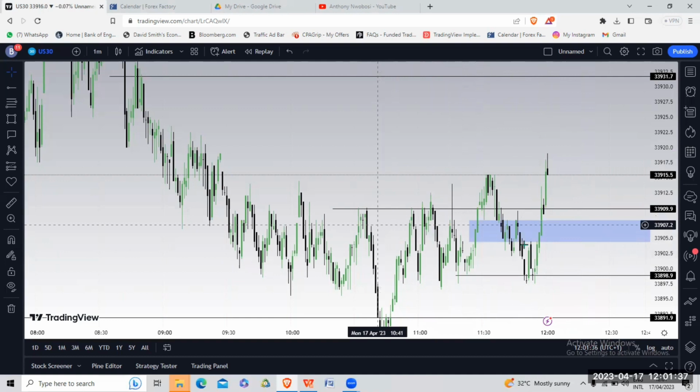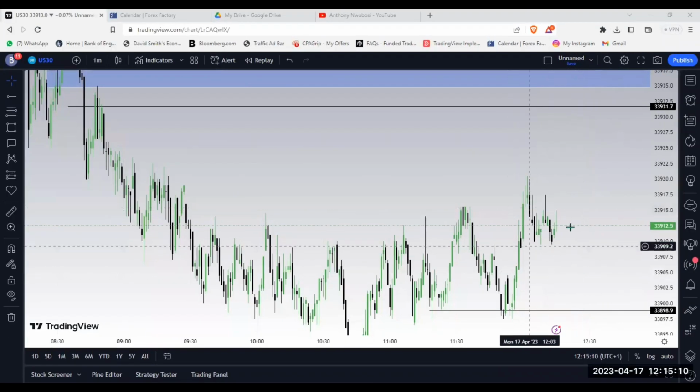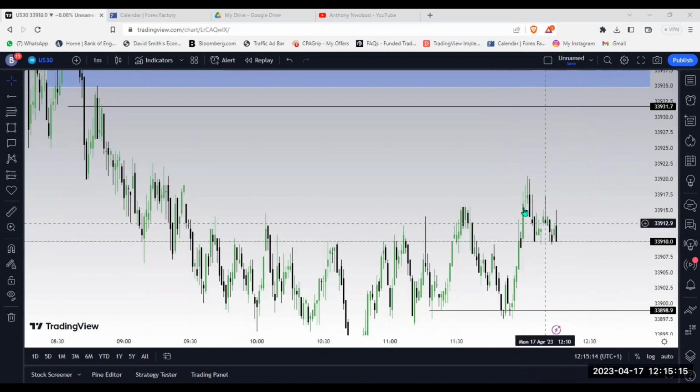So we continue on New York session. By New York session, I'll show you how this trade eventually went out. I might just close it right now for volatility's sake. Seeing what is happening in the market, this is as a result of no volatility, all right?